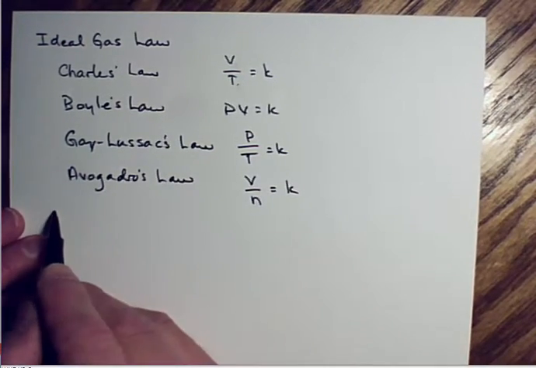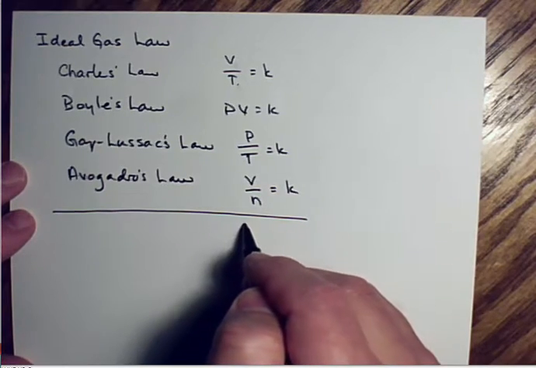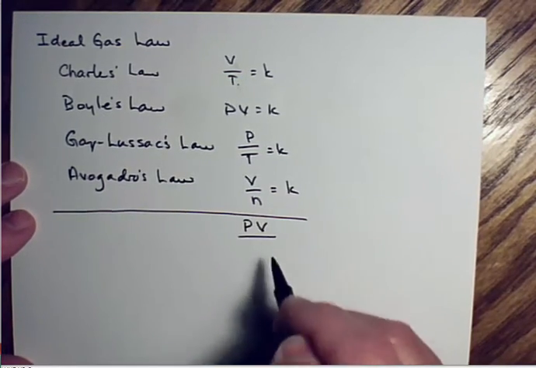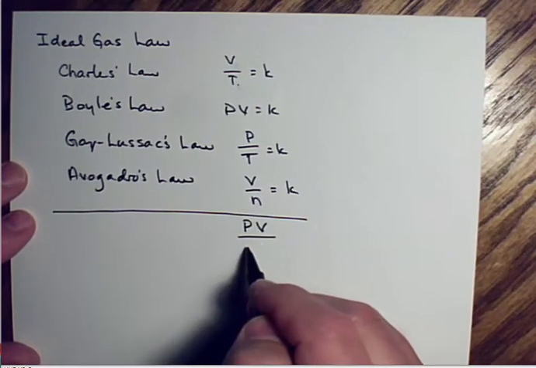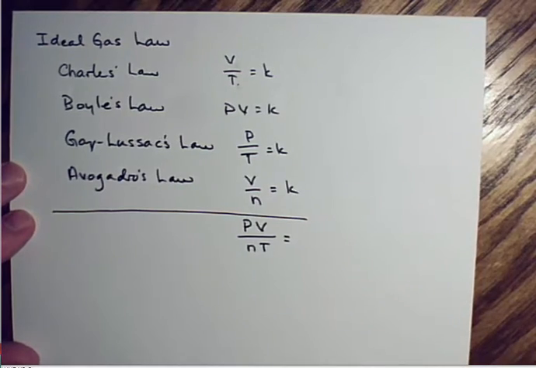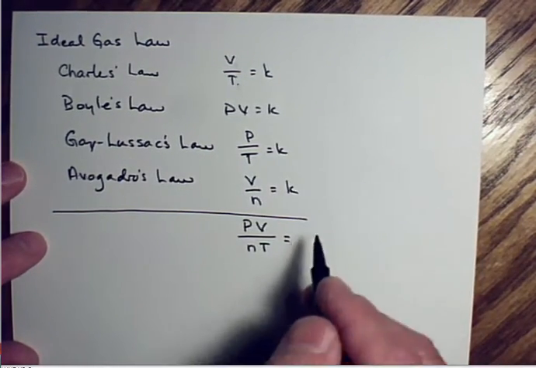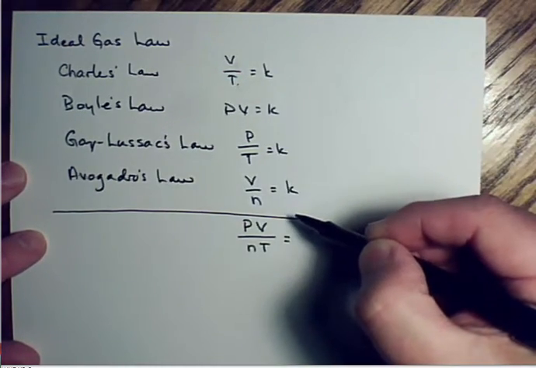Now we can combine all of these together. If we combine all of these together, we're going to get pressure and volume on the top, and moles and temperature on the bottom, and that's going to equal some kind of constant, a combination of all these constants. There's a special name and a special symbol for the constant that comes from all of these constants together.